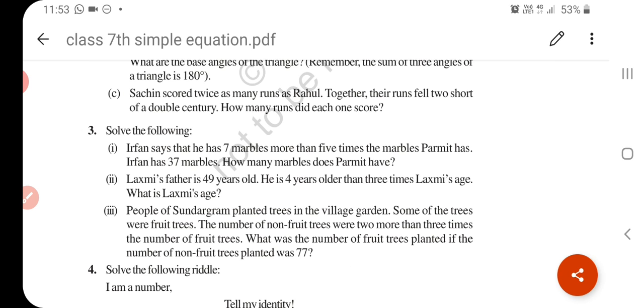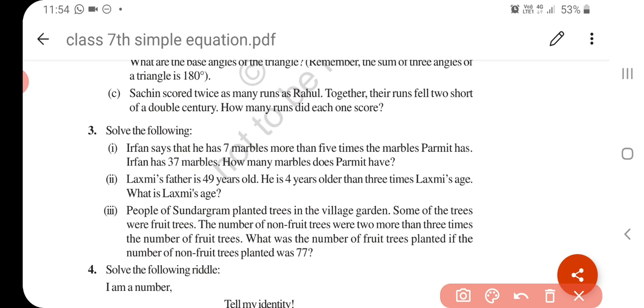Now we don't know how many marbles Parmeet has. So let the number of marbles with Parmeet be x. We take x marbles as Parmeet has. I am not writing the statement, you have to write.